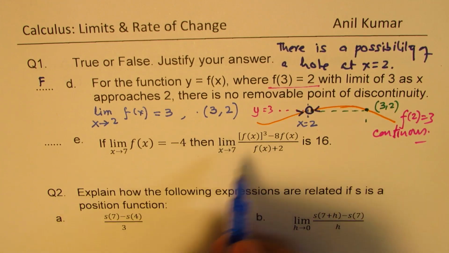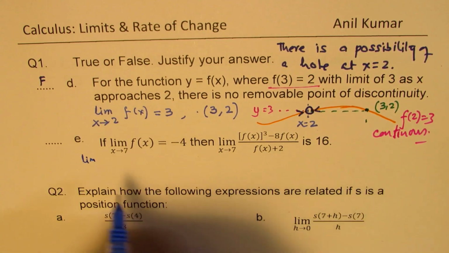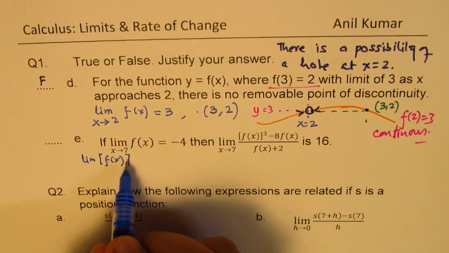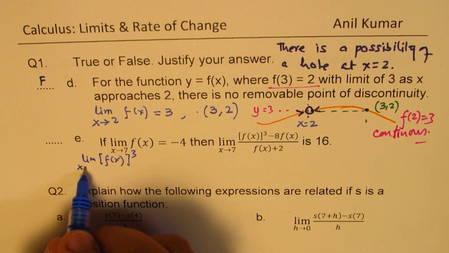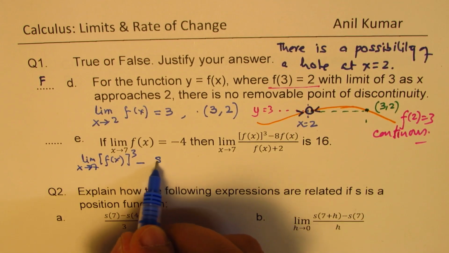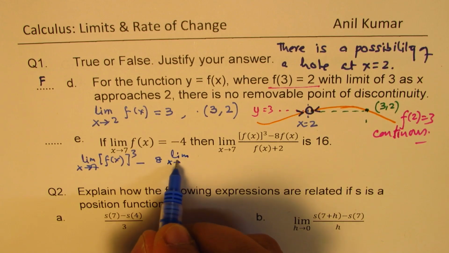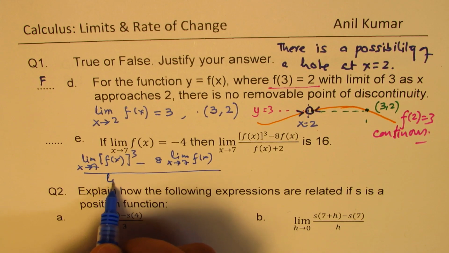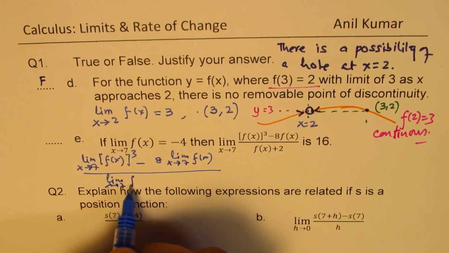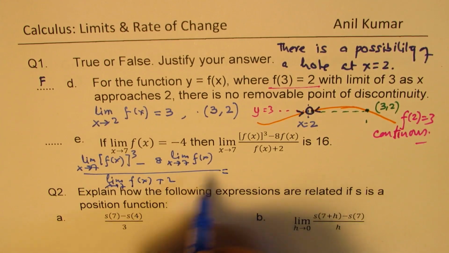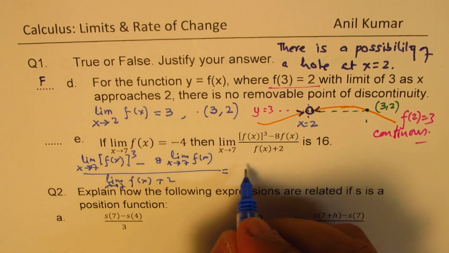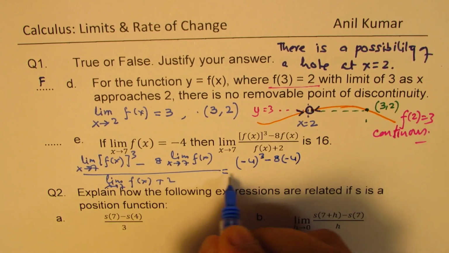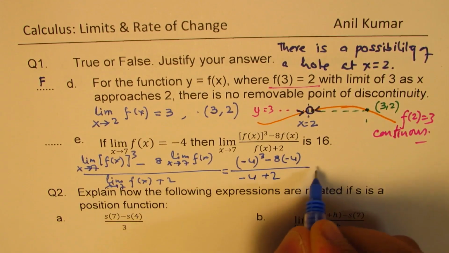You write this as limit of f of x whole cube as x approaches 7 minus 8 times limit as x approaches 7 of f of x, divided by limit as x approaches 7 of f of x plus 2, right? Now this limit is given to us as minus 4. So we get minus 4 whole cube minus 8 times minus 4 over minus 4 plus 2.